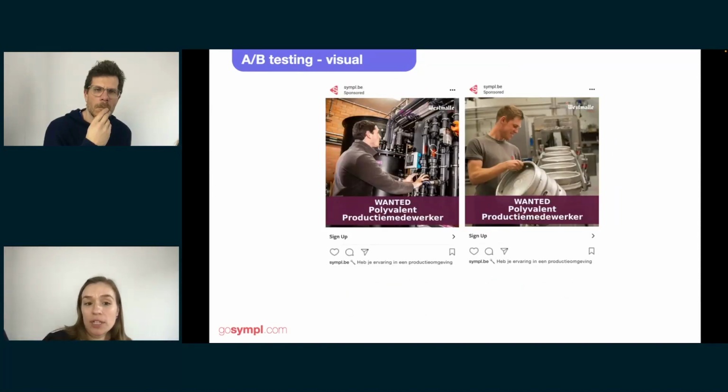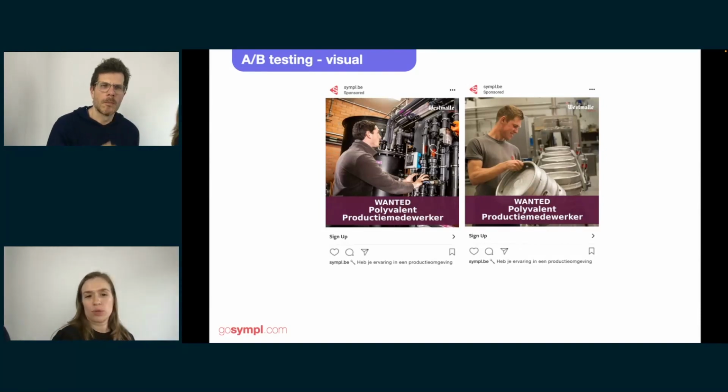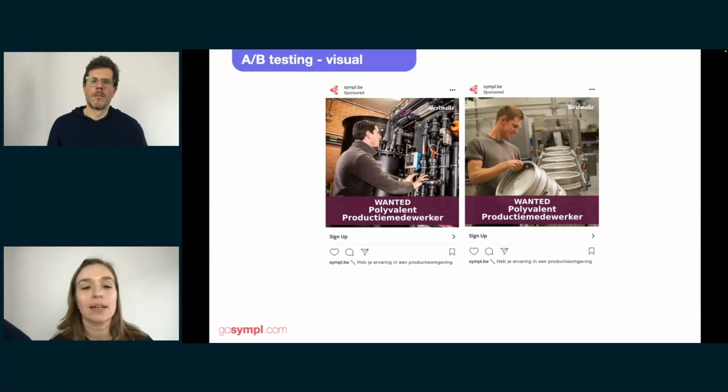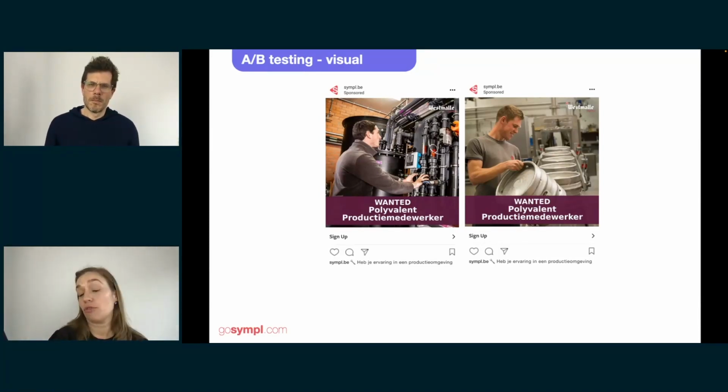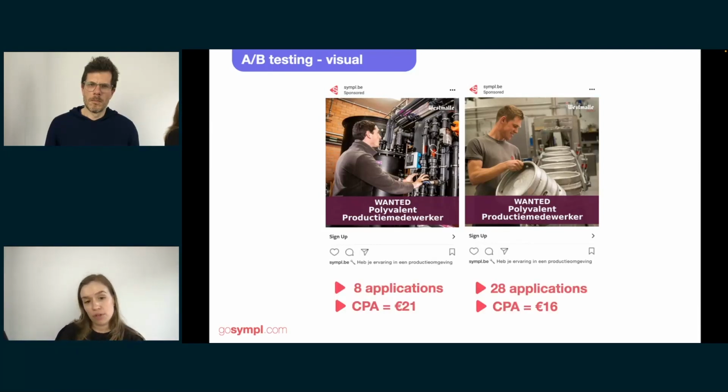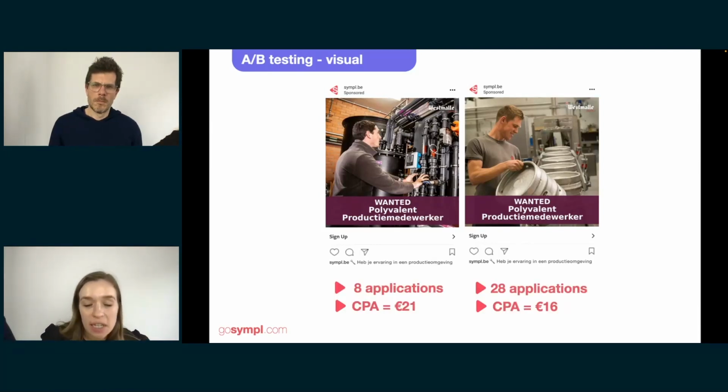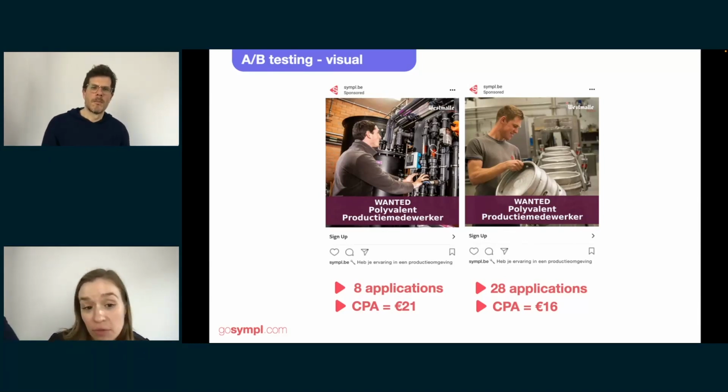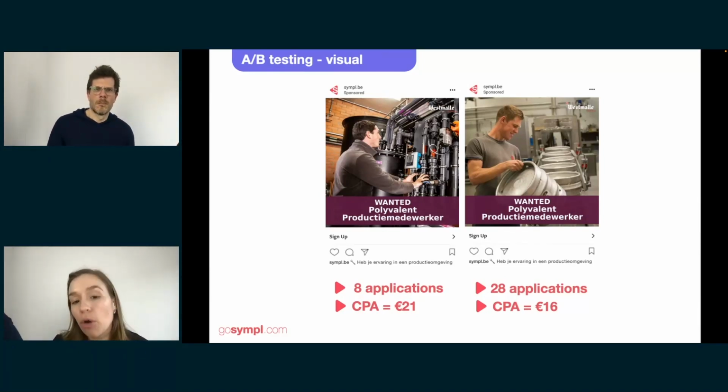Then here's another one. Here we tested with another visual, which was for Brouwerij Westmalle. You can see that the function title is the same, branding is the same, only the visual is different. And here you can see that the difference about the cost isn't really a big difference, but there were more applicants, 28 for the picture on the right.